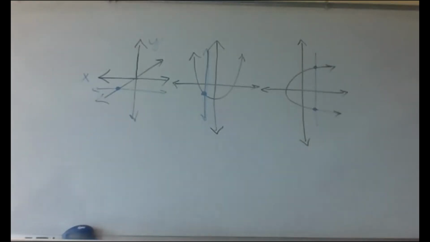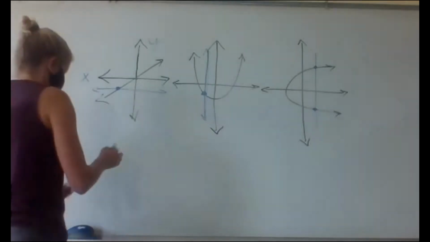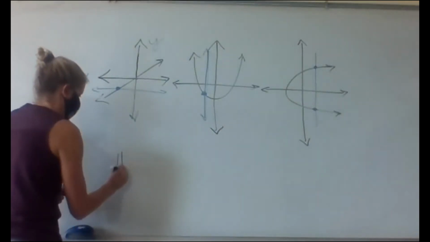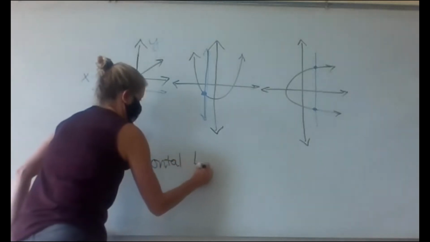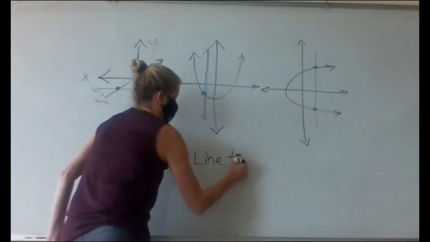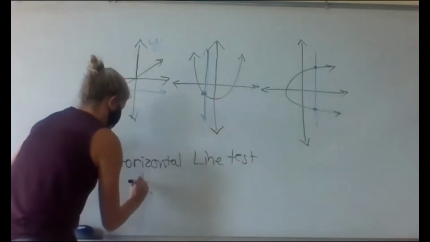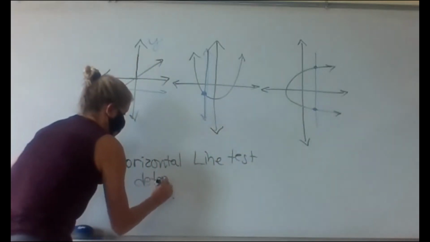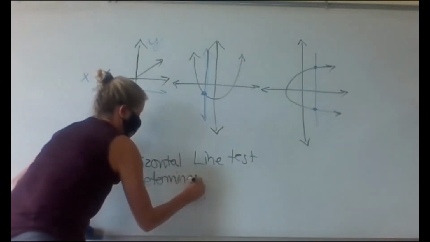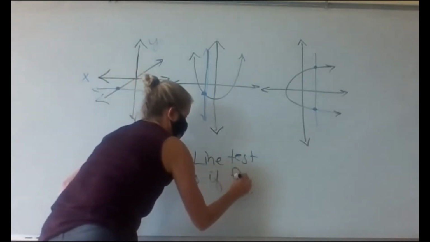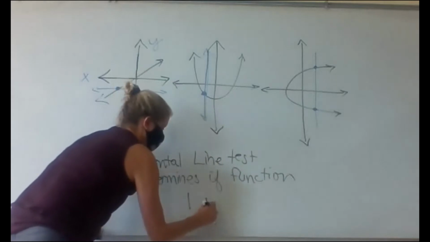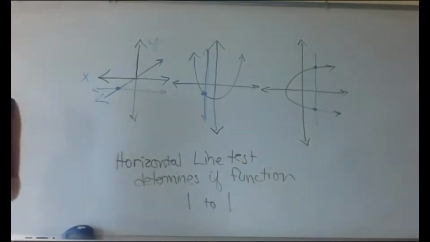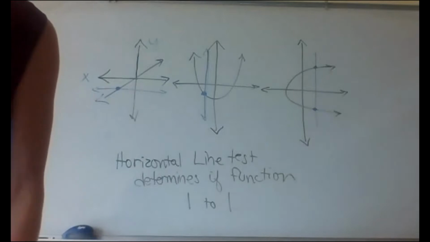The horizontal line test is used to determine if the function is one-to-one or not.